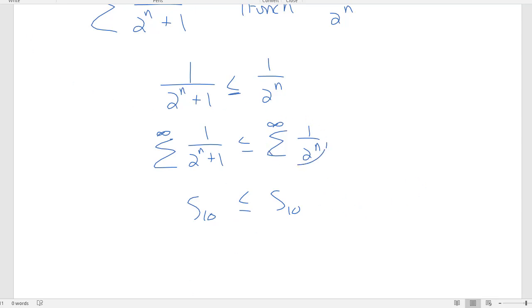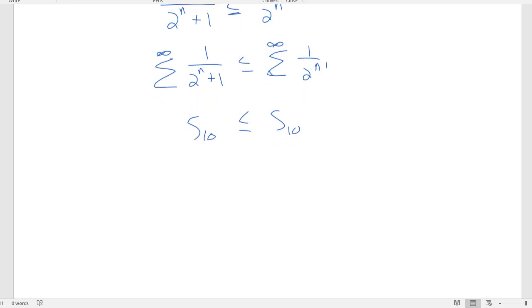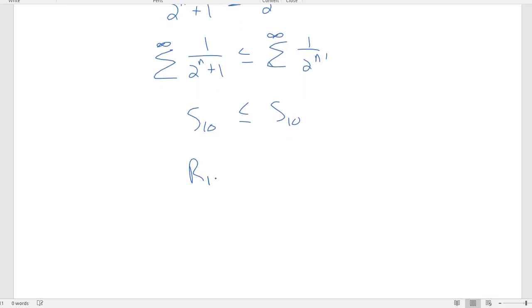Okay. So again, what that means in this case is that the remainder of the first 10 terms for my series I'm testing is going to be less than or equal to the error of the first 10 terms of this geometric series. Now we're going to think of this a little bit differently.